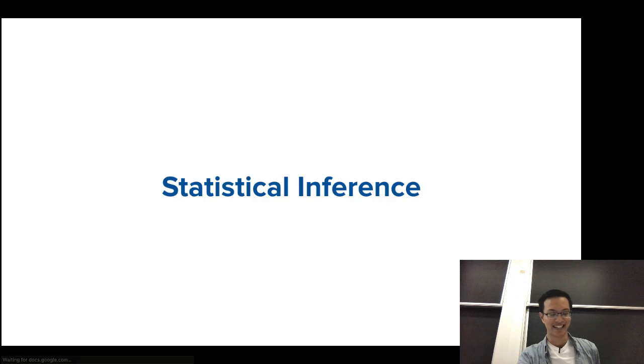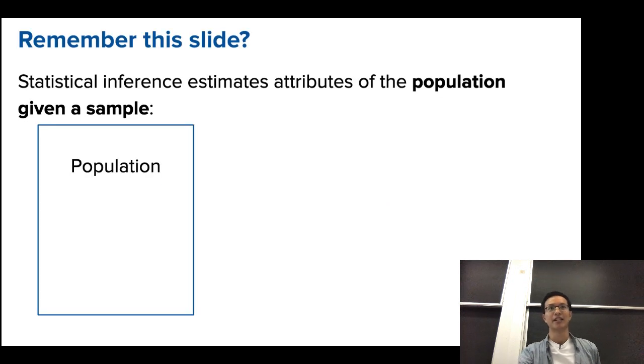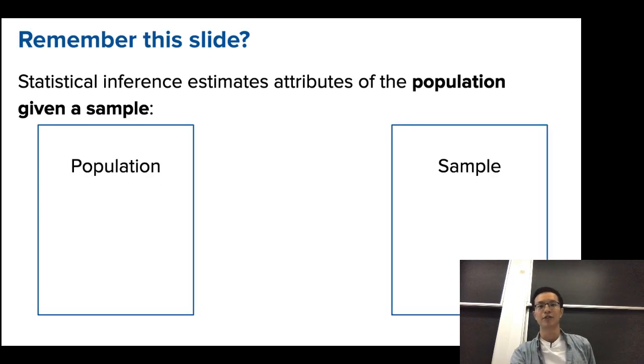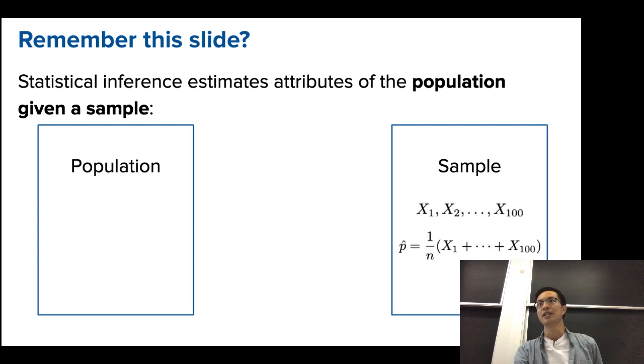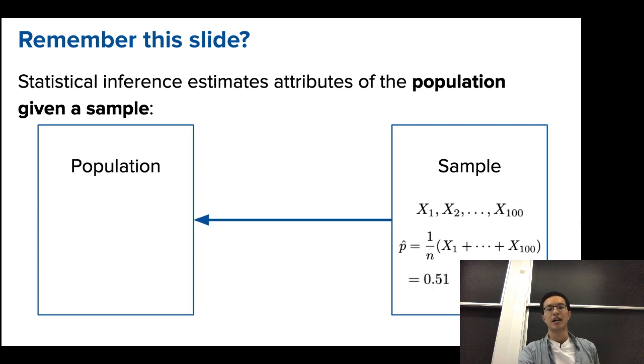Some announcements. Okay, so again, in inference, what we're trying to do is take our sample, compute some estimation from our sample, and use that to make some conclusion about our population. And we said that in this slide that I showed you from a few weeks ago, we had this particular sample, and then we computed the sample proportion or sample mean to be 0.51, and we said this could be a sample of US voters, and we asked them whether they would vote for Hillary or for Donald Trump, for example.